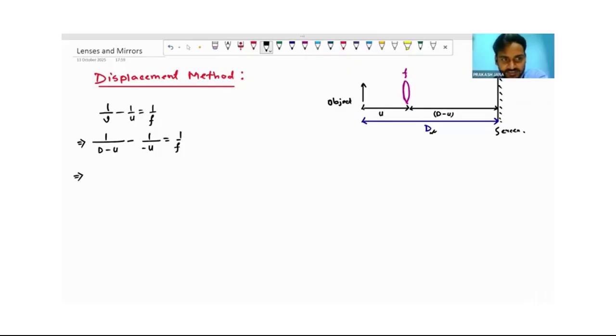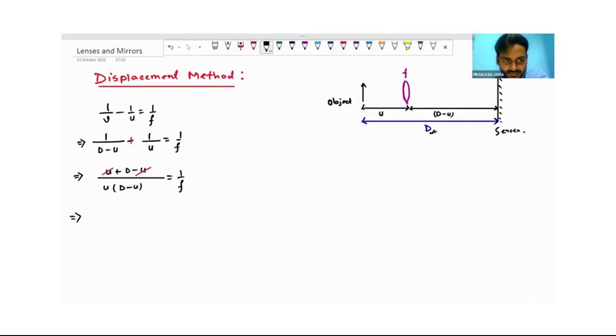What does it give? It will give u times D minus u in the denominator, and in the numerator it will be u plus D minus u, since this minus turns out to be plus, so I erase this minus here. So this plus u and this minus u will be cancelled out.